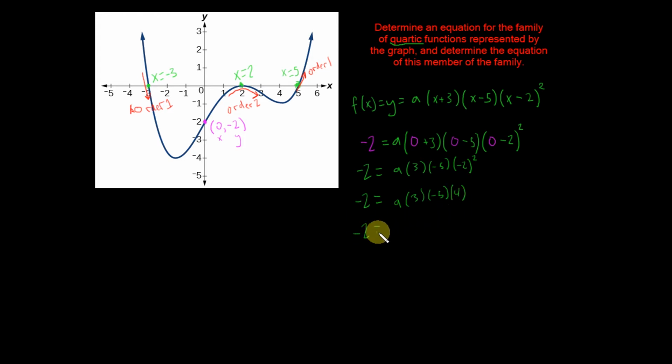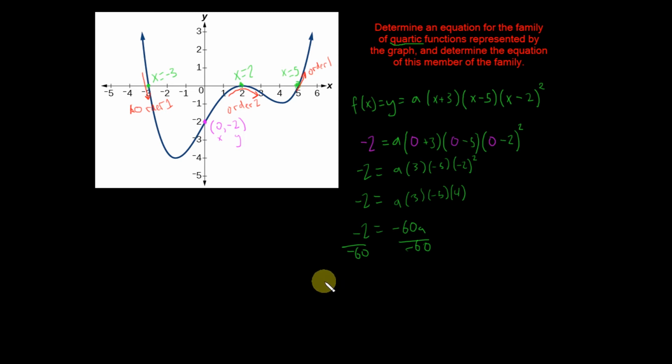So if we simplify this, negative 5 times 4 is negative 20. Negative 20 times 3 is negative 60. So it would be negative 60a. Now all that we have to do to isolate for a is divide both sides by negative 60.